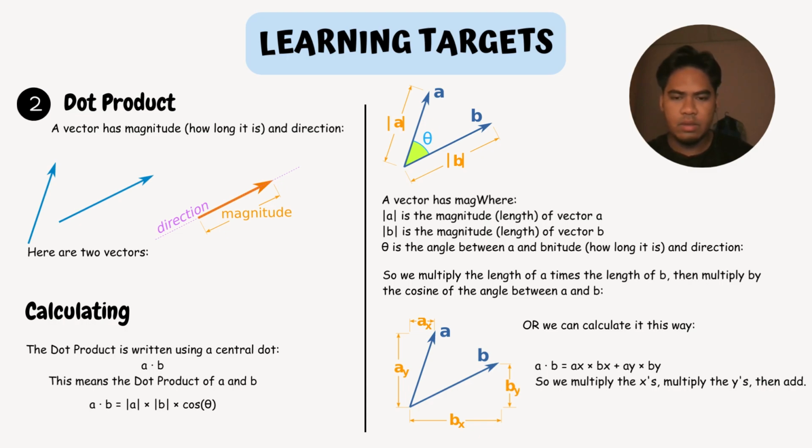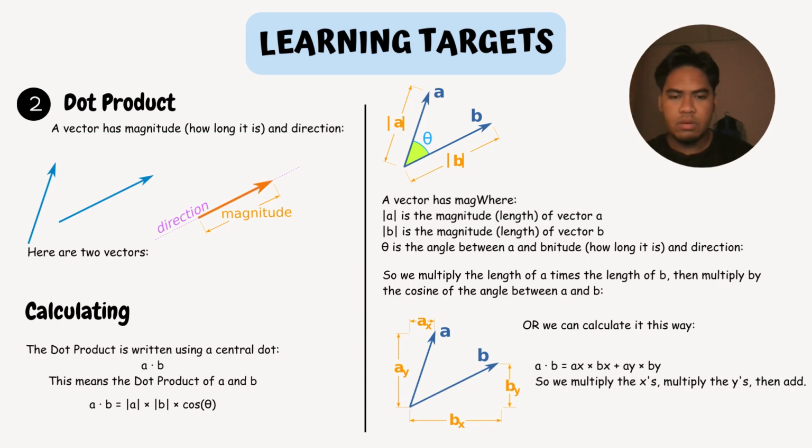For now, the diagram shows vectors where |a| is the magnitude, the length of vector a, |b| is the magnitude, the length of vector b, and theta is the angle between a and b. So we multiply the length of a times the length of b, then multiply by the cosine of the angle between a and b.